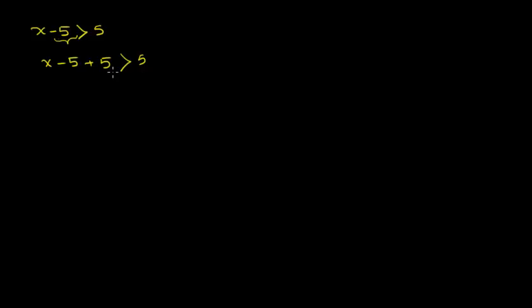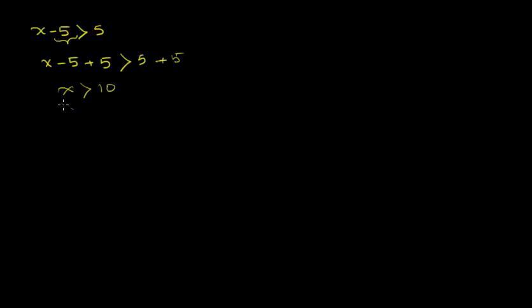And you know that whatever we do to one side of the equation or inequality, we do to the other side as well. So we'll have x greater than 5 plus 5. Then we'll have x greater than 10.